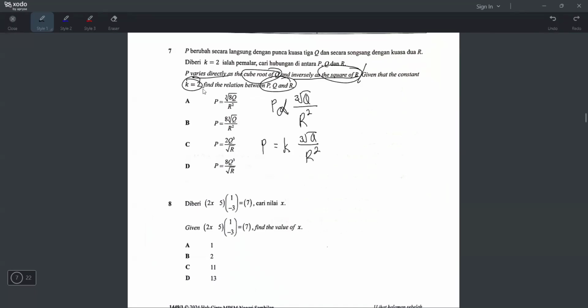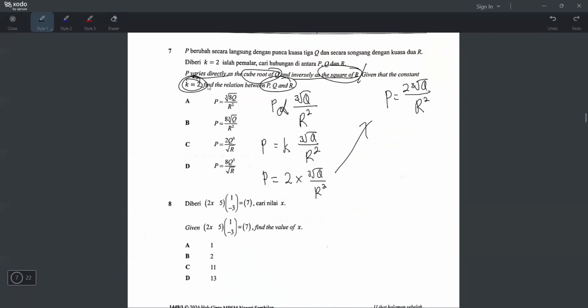But they already mentioned the K is 2, so you can just put it in. So it becomes P equals 2 times the cube root Q over R square. And when you take 2 times this fraction, you only times the top. So it becomes P equals 2 cube root Q over R square.